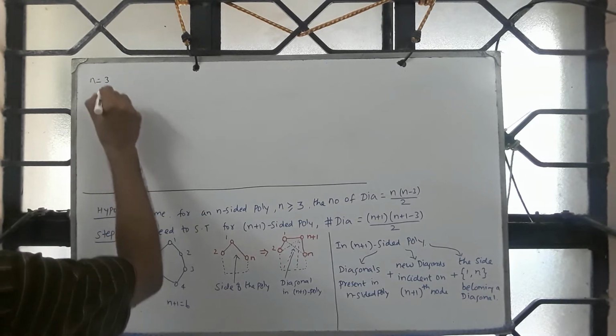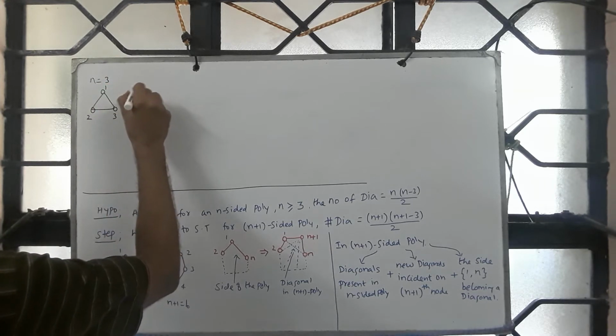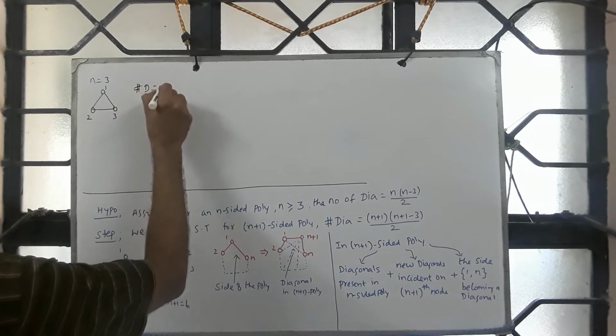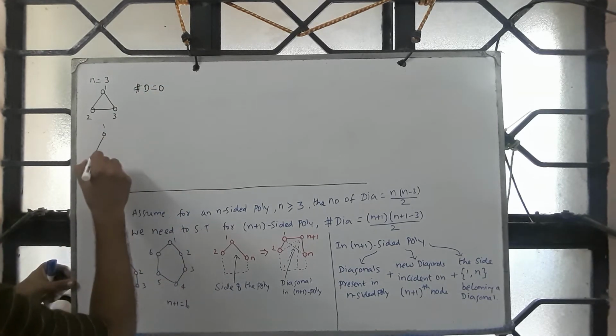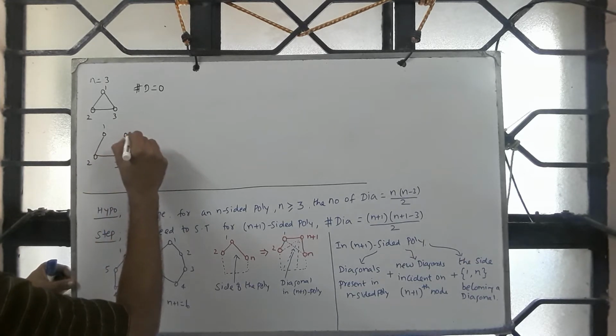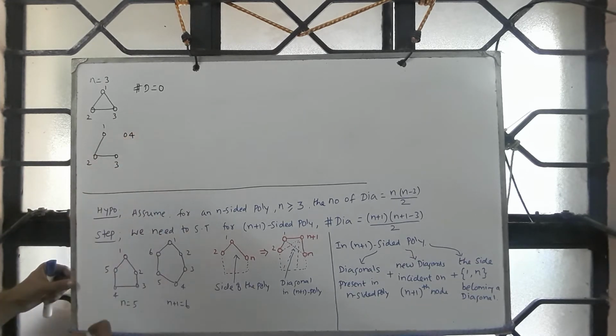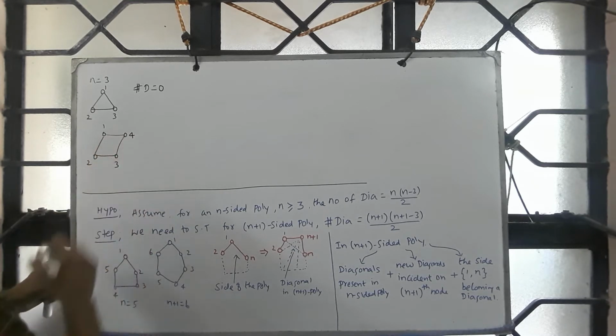So n is equal to 3, this is the picture, and the number of diagonals is 0. Now see what happens. From 1 to 3, you introduce 4, and 4 is adjacent to this.